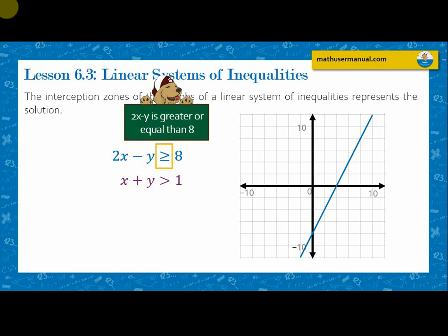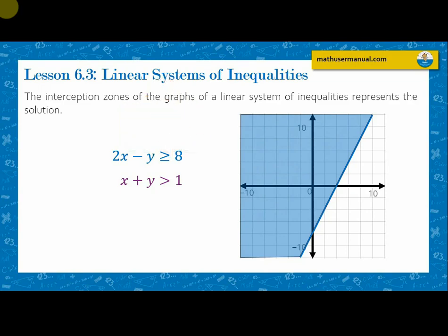Greater than or equal means we are above the line that is represented in the equation. So we are anywhere above this line. Anything up to the top part of this line is part of our solution.